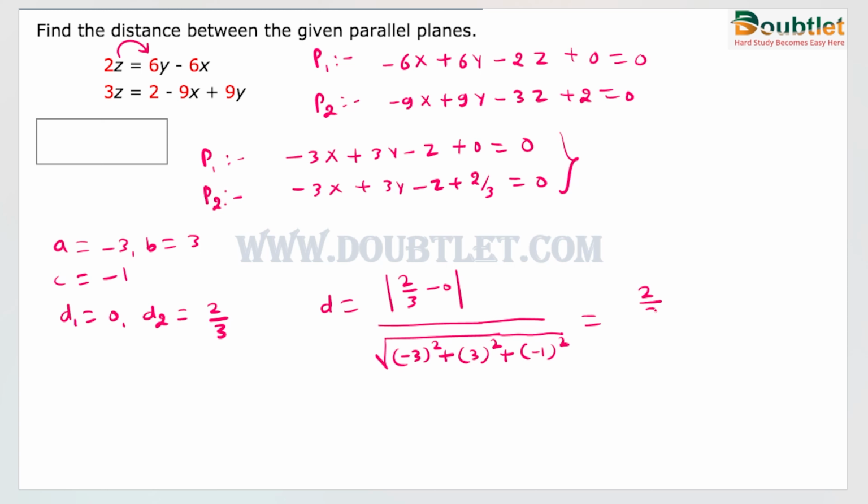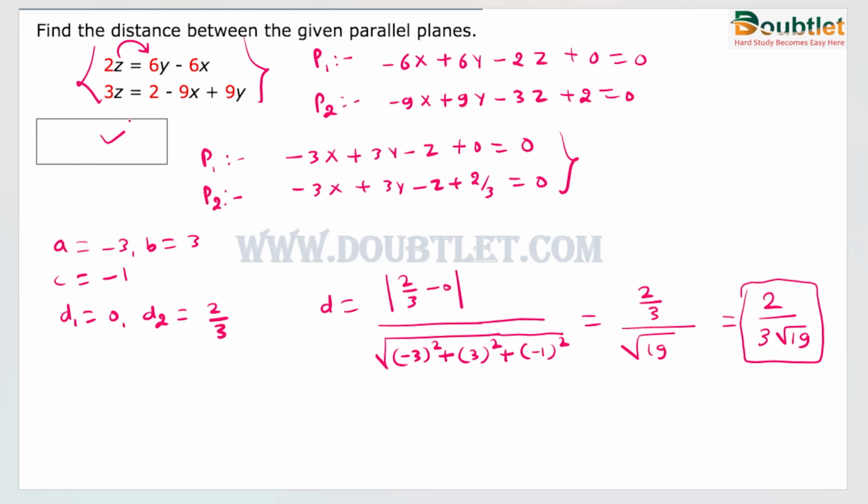So this is 2/3 divided by the square root of 19. We can write this as 2 divided by 3 root 19. This is the distance between these two planes, and we write this answer in this box.